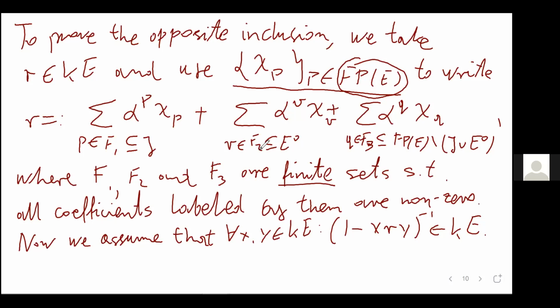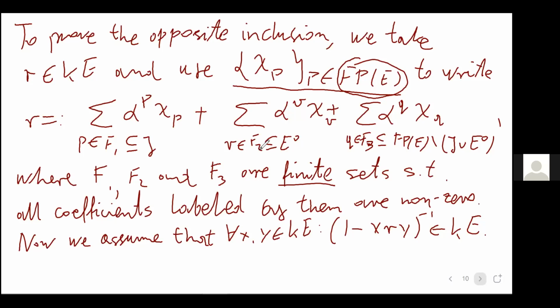And this will be the only guy that will survive the sandwiching between chi U's because chi U's will kill all other idempotents. And then finally, we look at the last terms. Again, basically what happens is that out of the set F3, we'll select loops that are based at U, all right? So this subset, whatever it was, F5 is the subset of F3 consisting of all loops based at U.